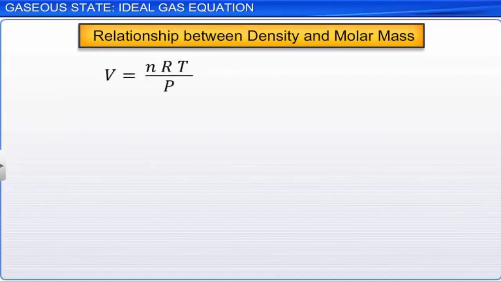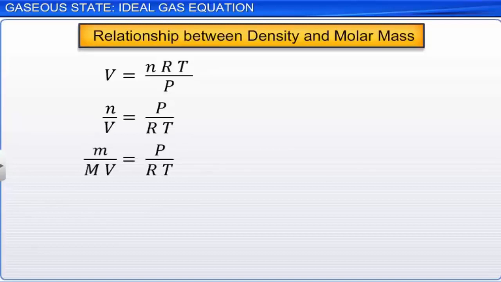On replacing the number of moles N with mass of the gas m by M, we get the equation m divided by M into V is equal to P divided by R into T, where M is the molecular mass of the gas. We know that m by V is equal to d, where d is the density of the gas.